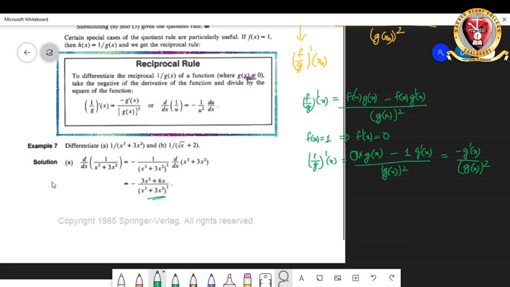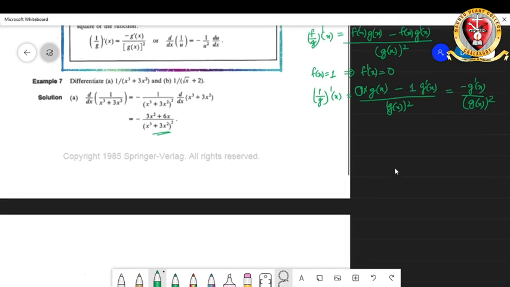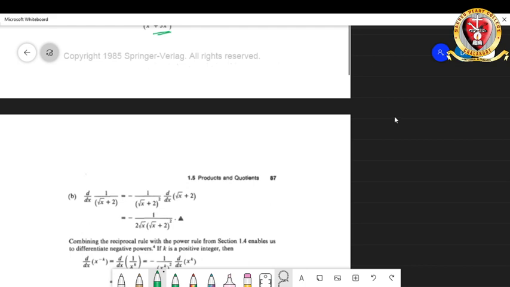And for the second question, 1 by root x plus 2. So how do you get 1 by root x plus 2? That is the question. So you have to take minus 1 by the term square, minus 1 by root x plus 2 the whole square into d by dx of root x plus 2.